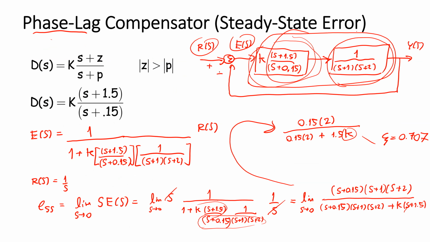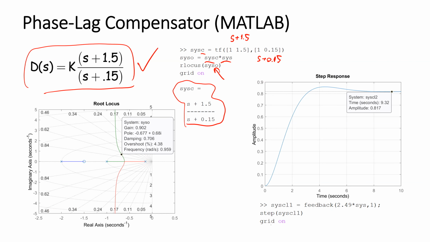So if we come back to see the open loop transfer function now, we have GOL, the open loop transfer function. We have s plus 1.5 divided by s plus 0.15 and the system transfer function. We have a zero at minus 1.5.